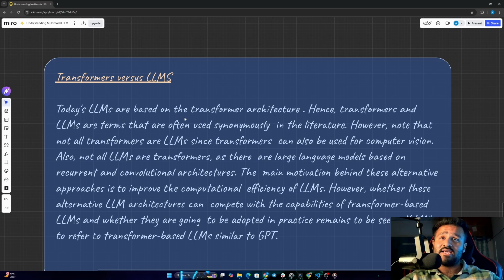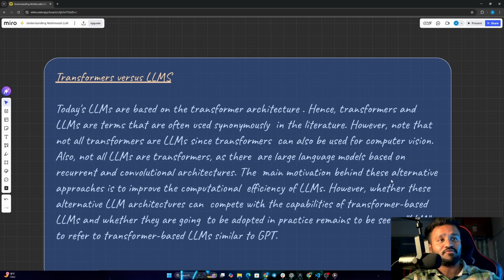Today's LLMs are based on the transformer architecture. Hence, transformers and LLMs are terms that are often used synonymously in the literature. However, note that not all transformers are LLMs, since transformers can also be used for computer vision tasks. Also, not all LLMs are transformers, as there are large language models based on recurrent architectures (RNNs) and LSTMs.